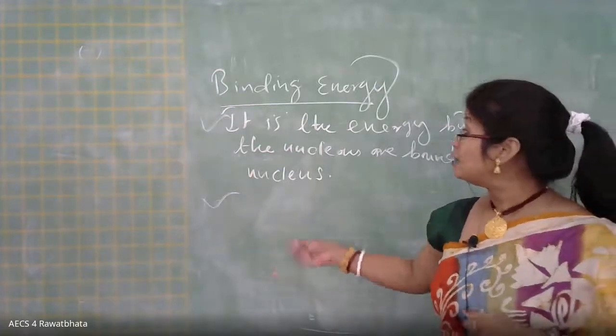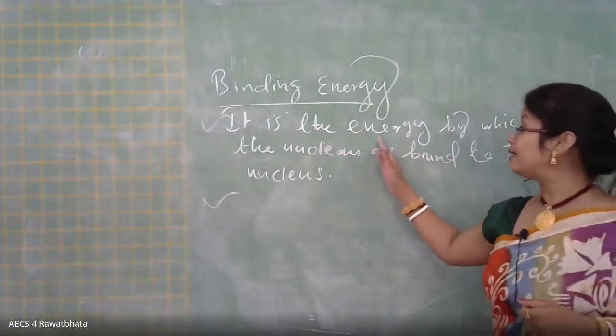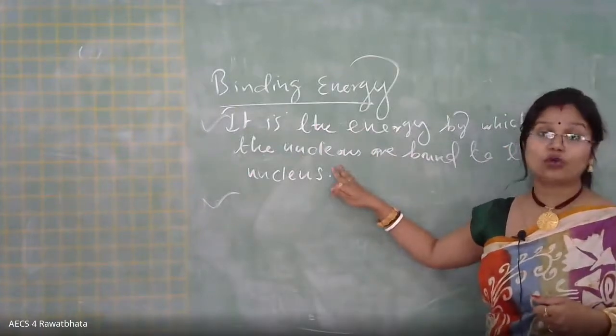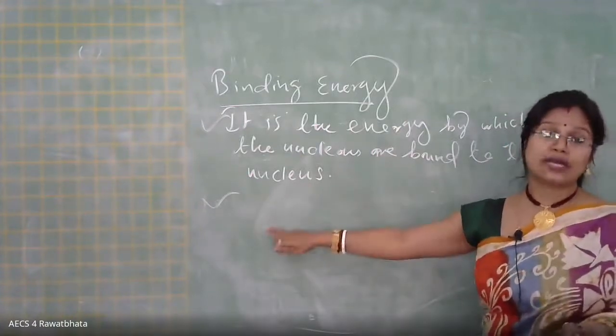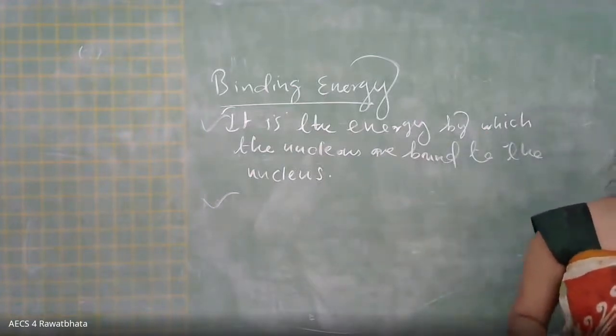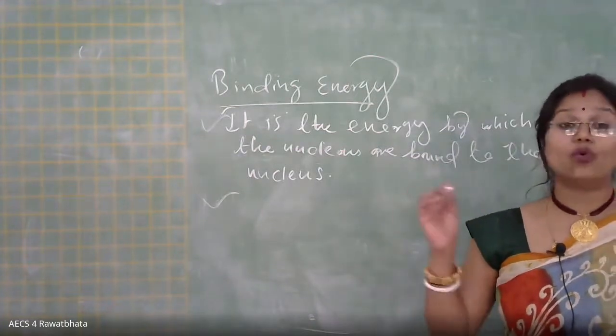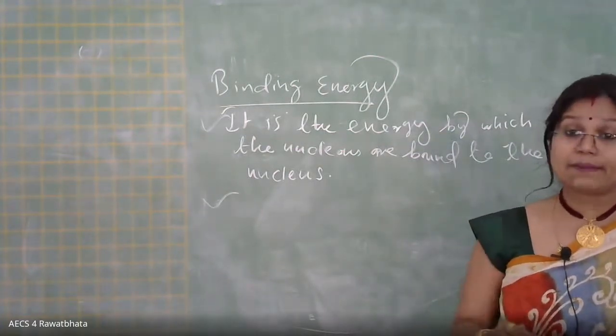So in both cases you have to memorize the binding energy: it is the energy by which the nucleons are bound to the nucleus, or the amount of work done required to remove the nucleons from the nucleus to such a place that there is no interaction, or minimum interaction.